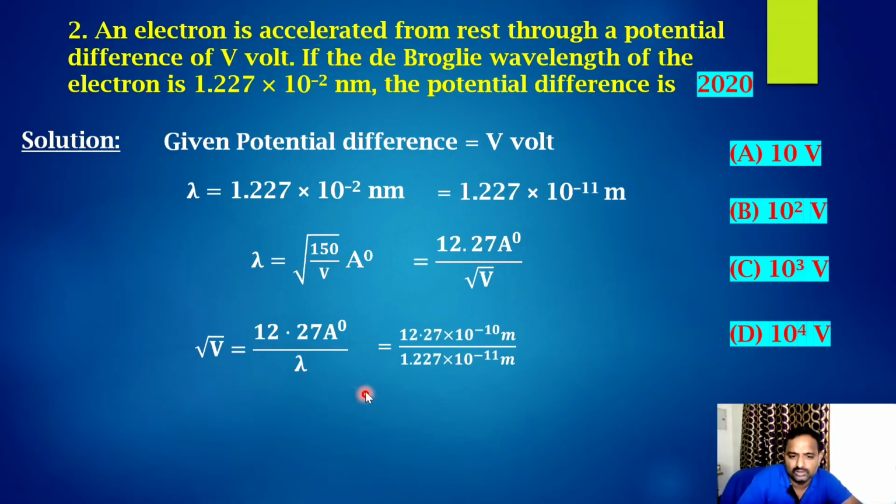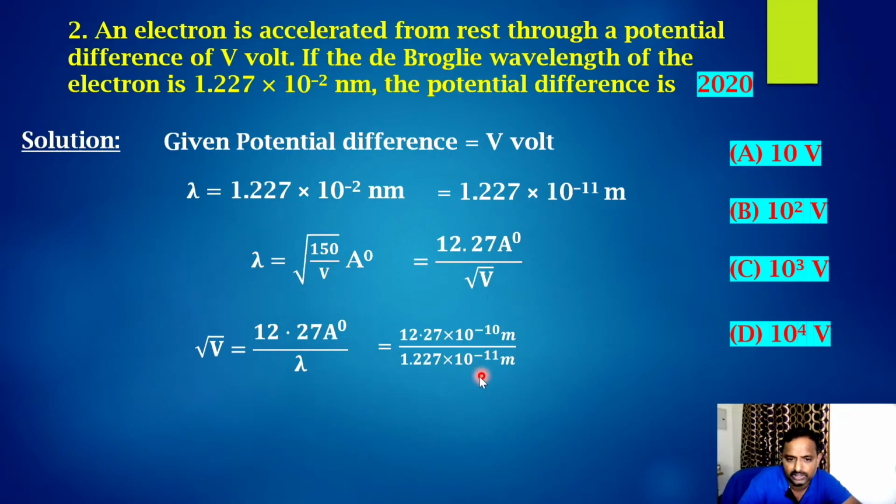Now 12.27 as it is, and in the place of Angstrom I will write 10 power minus 10 meter, by de Broglie wavelength, given 1.227 into 10 power minus 11 meter.